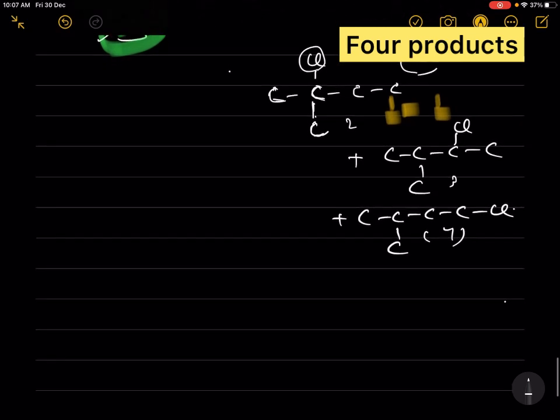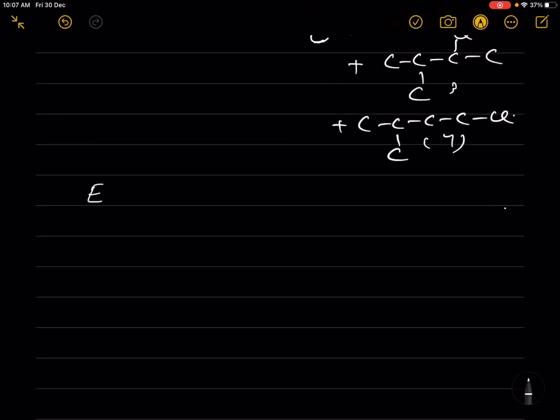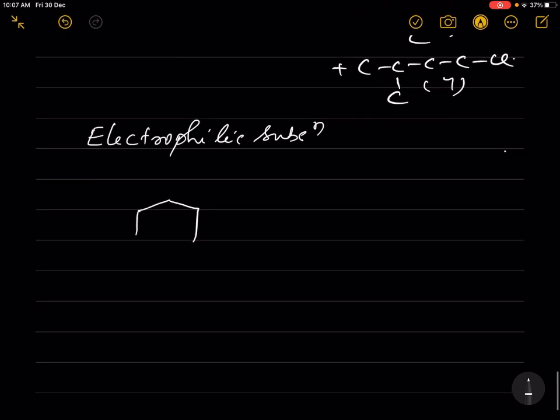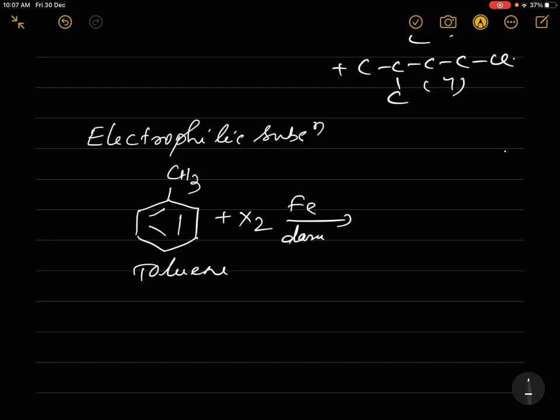Then electrophilic substitution. By electrophilic substitution you can get aryl halides. You take toluene, just treat with X2 in presence of Fe in dark condition. X can be substituted at the ortho hydrogen atoms or the para hydrogen atom. These are ortho positions, this is para position.